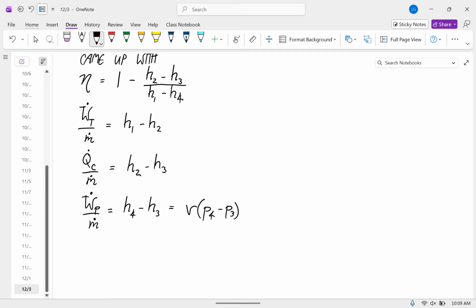Remember that the pump is the one place where we have a liquid through the whole process. And so we did this with the incompressible assumption. And all this stuff is useful. And then the last one, the rate of heat flow into the working fluid at the boiler divided by the mass flow rate is H1 minus H4.